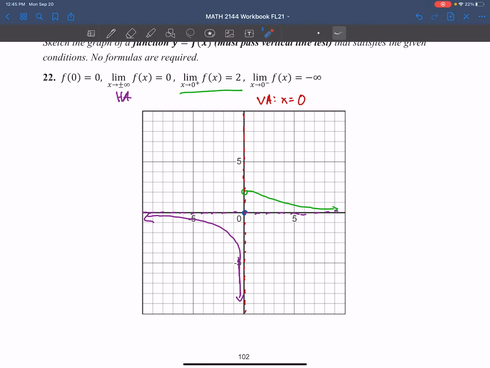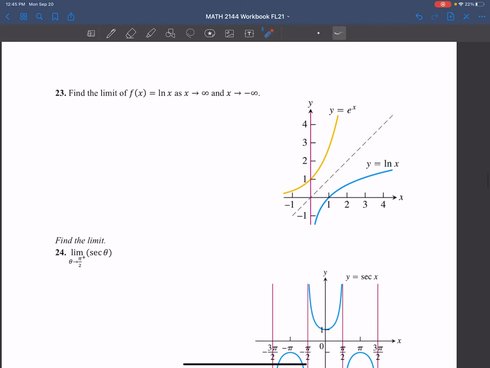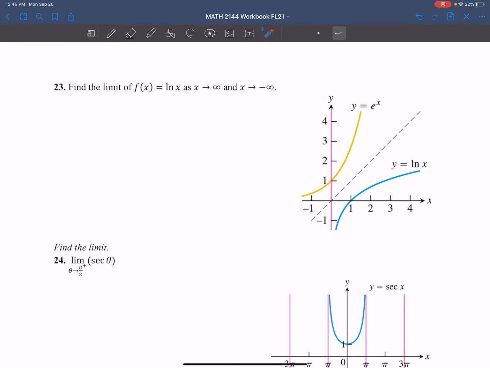And again, your solution may differ, but as long as you put together the ideas from the section, you should be good. The last three scenarios where asymptotes really will show up would be in the context of exponential and trigonometric functions. And there's really no trick on these. You just need to know properties of the functions.